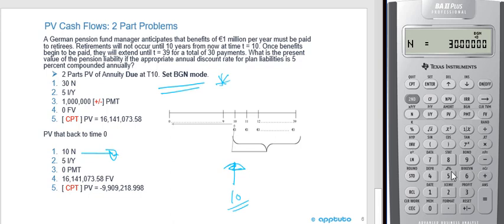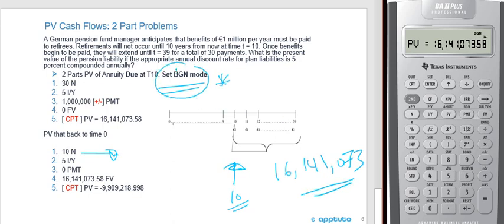So it's 30N. It's 5 IY. It's a million payment that has to go out, €1,000,000 payment, 0 future value. So I'm going to compute the present value, and I'm going to get 16,141,073.